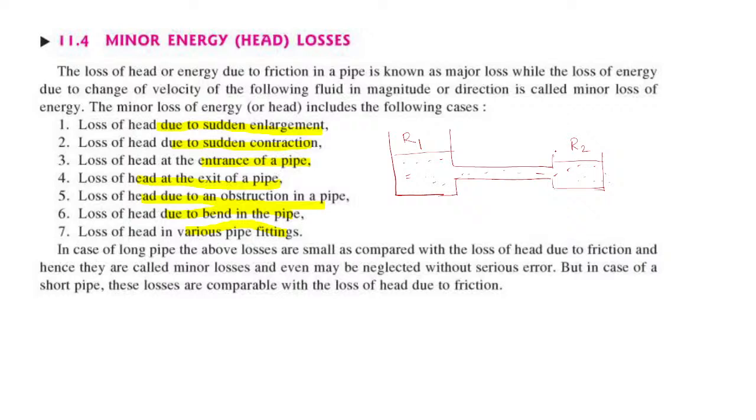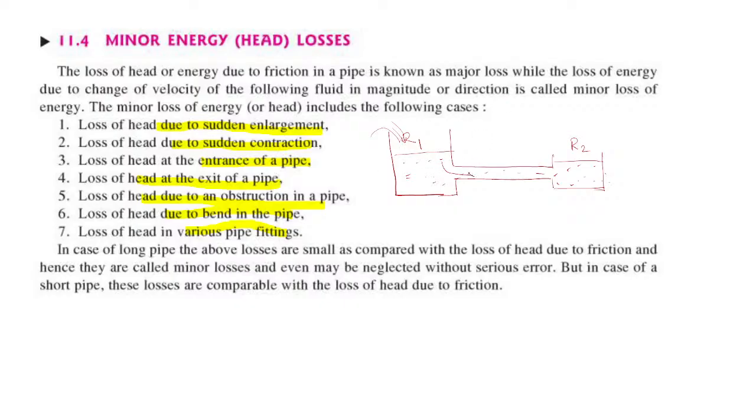This is the scenario. So we have 2 reservoirs and these 2 reservoirs are connected using one pipe, right? What will happen when water is about to fill inside these 2 different reservoirs?